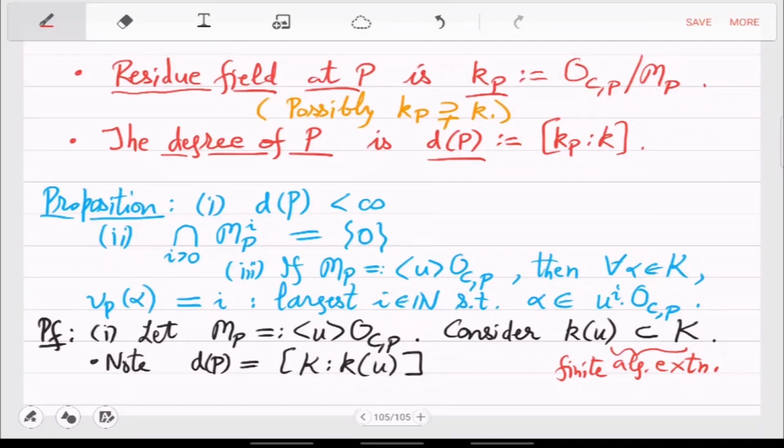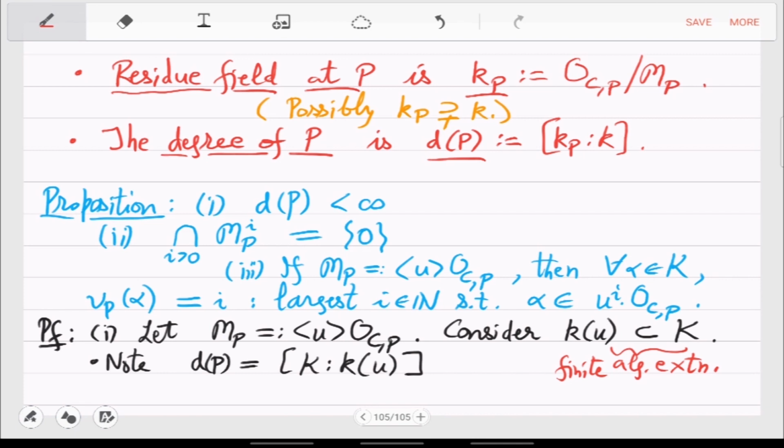It's a finite algebraic extension simply because u is transcendental over the base field and big K has transcendence degree 1. So once you have introduced the transcendental element u, what remains is a finite algebraic extension. So that degree is actually equal to the degree of the point. Do you believe that? Why does this algebraic extension need to be finite? Yeah, that's a good question. Because the functions I am looking at are also coming from small k.